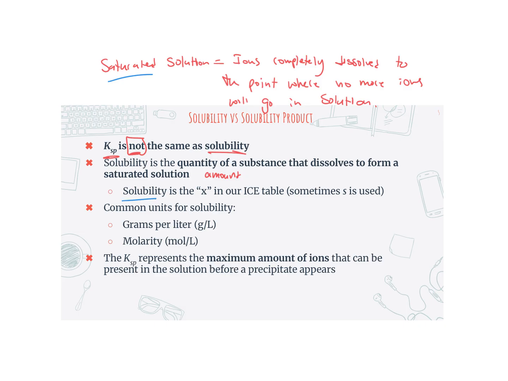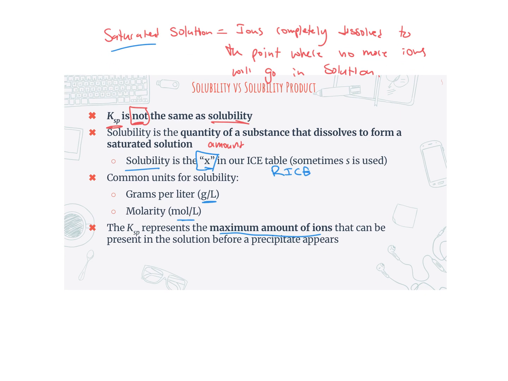Solubility, and we'll get into this in an example in a bit, is X in our ICE table or our RICE table. So when you're solving for X, that's what solubility is. You'll see it in grams per liter, or you'll see it in molarity, which is moles per liter. So KSP is the maximum amount of ions that can be present in solution before a precipitate appears.